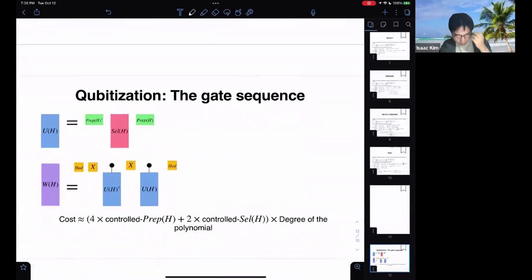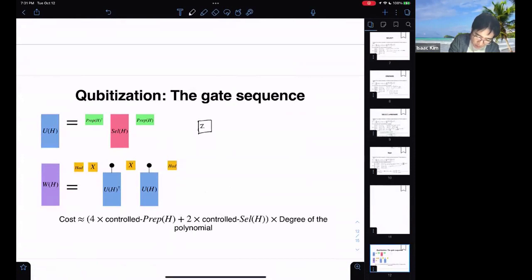So I wanted to give you a more global picture of how qubitization looks in the grand scheme of things. Maybe I should have added this picture that I've been showing probably 10 times.